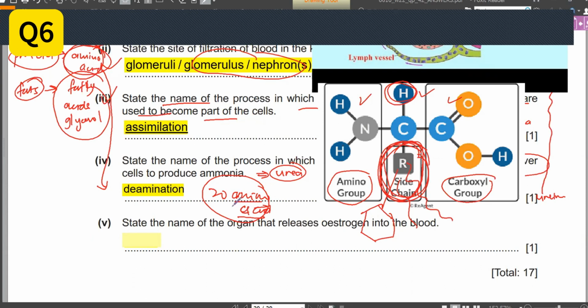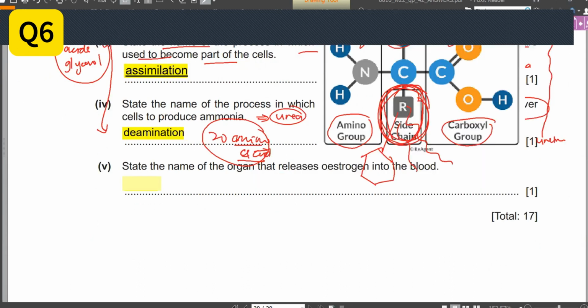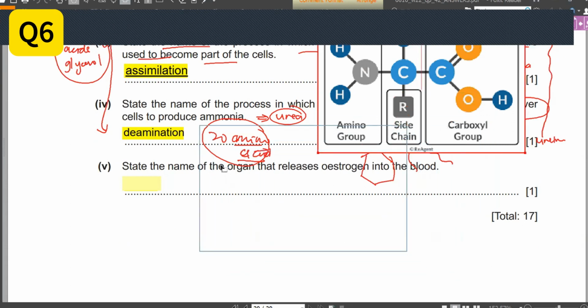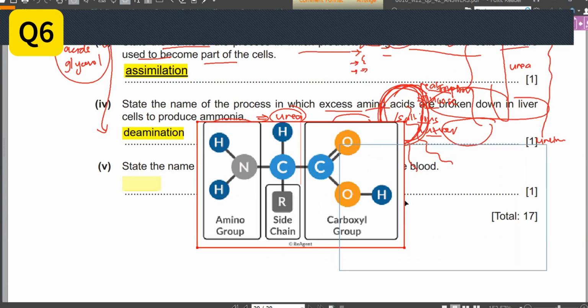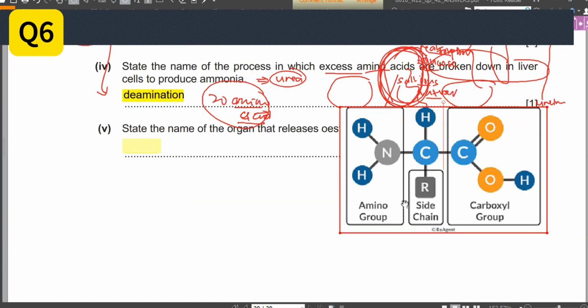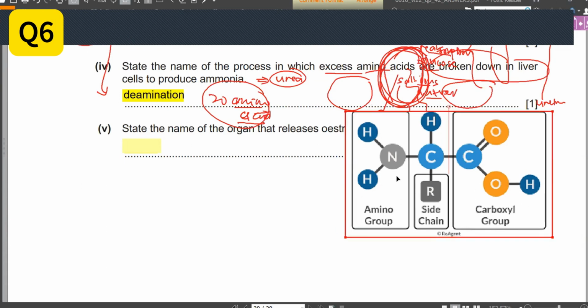When we have too much amino acid, we want to get rid of it, but we don't want to throw away the whole thing. We only want to get rid of the things that we don't want.